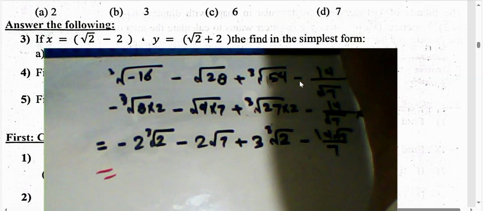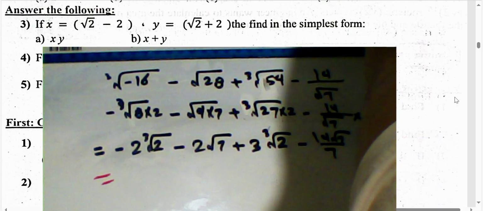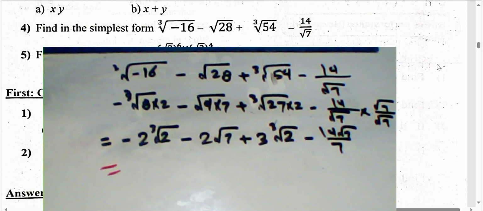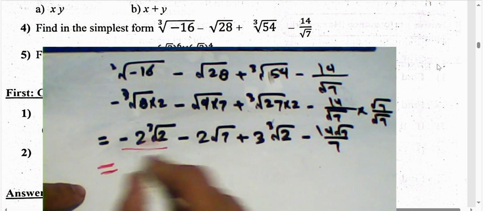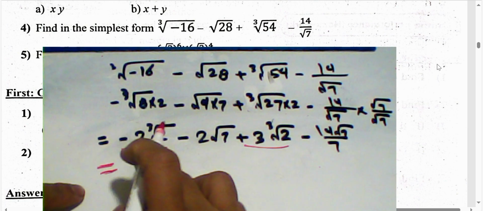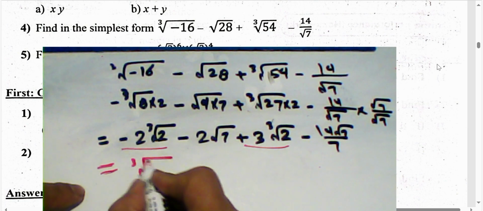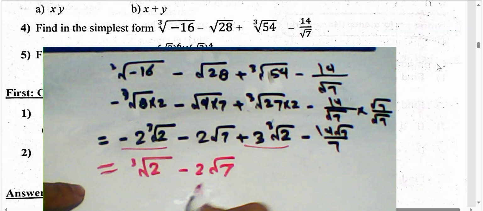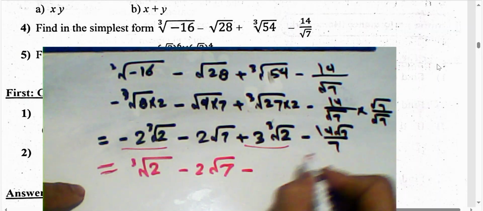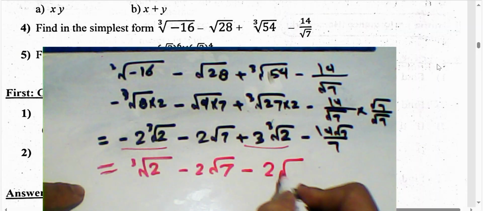Look at the steps with me again. This negative 2 cubic root of 2 and this positive 3 minus 2 gives 1. Then the result will be the cubic root of 2. And this negative 2 square root of 7 subtracted by 14 divided by 7 gives the square root of 7.